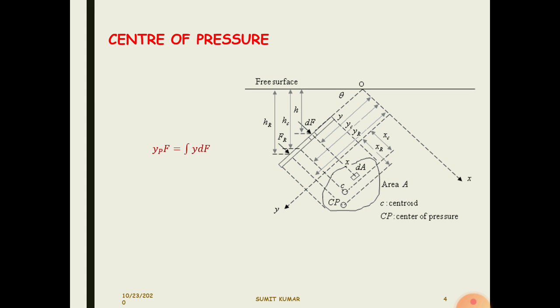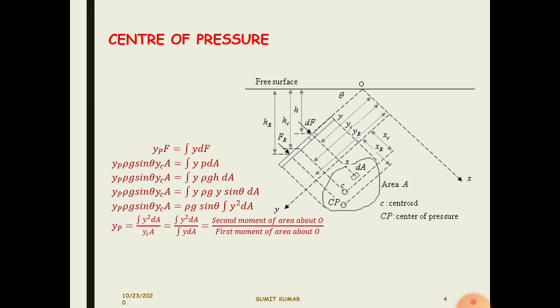We know that the moment of the resultant force about any axis must be equal to the moment of the distributed force about the same axis. Further solving the equation, we get the y-coordinate of the center of pressure as the ratio of the second moment of area to the first moment of area. By using the parallel axis theorem, the second moment of area about O can be written in terms of the second moment of area about the centroid.